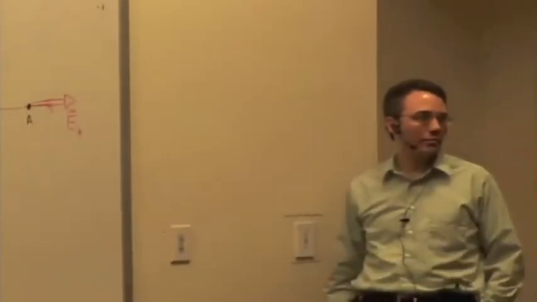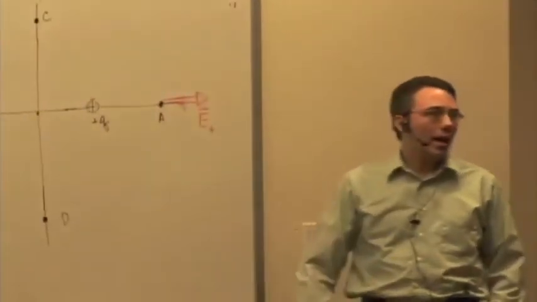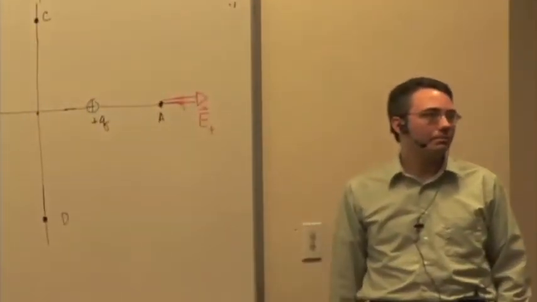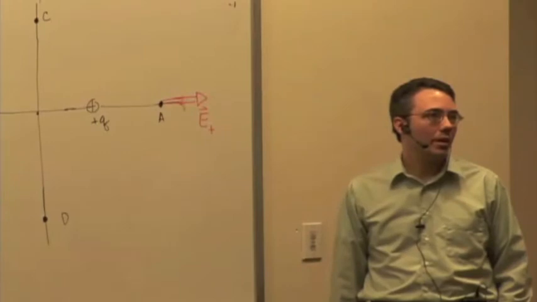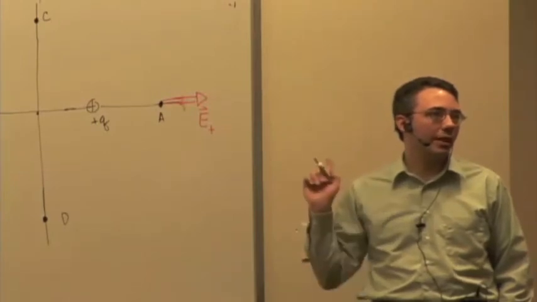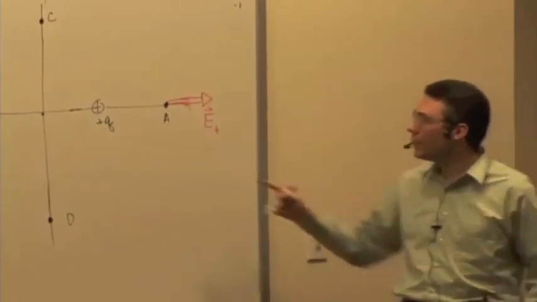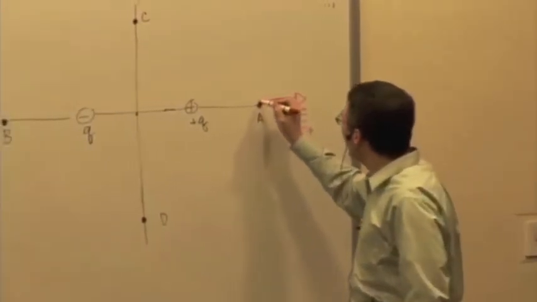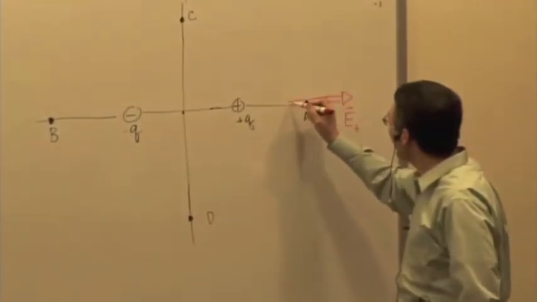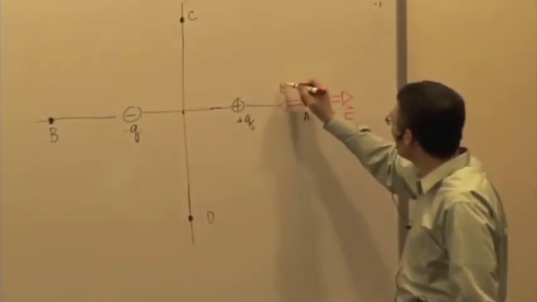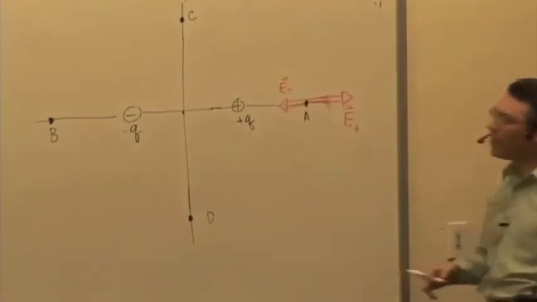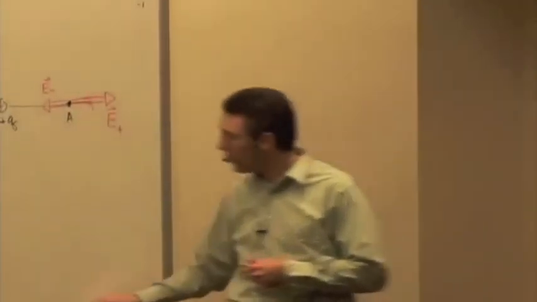That's going to be pointing the opposite direction. How do the magnitudes compare? Which vector is bigger, E plus or E minus? E plus because it's closer. The positive charge is closer. So the field due to the negative charge farther away is going to be smaller. So when I add those two together, my net electric field points what way? To the right. Okay.